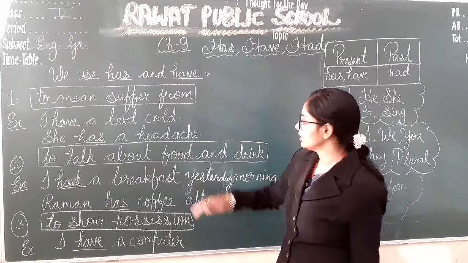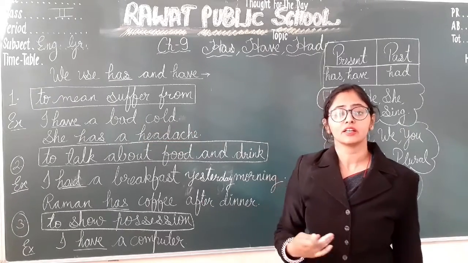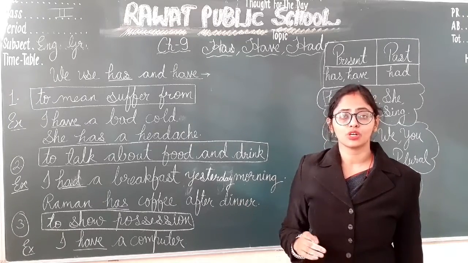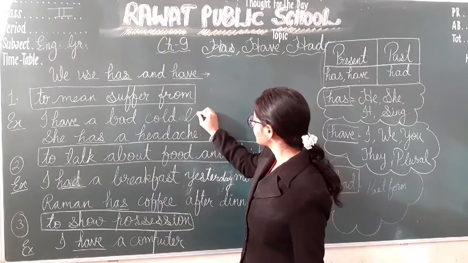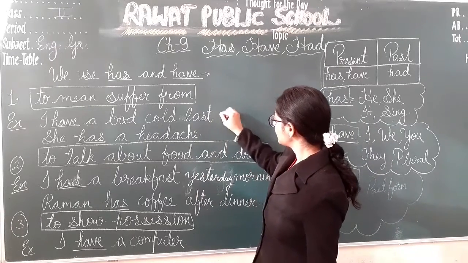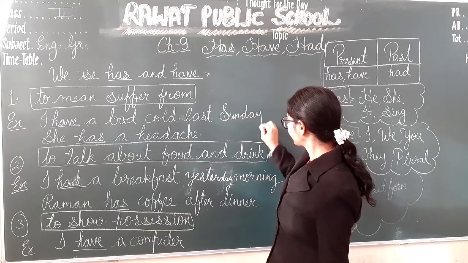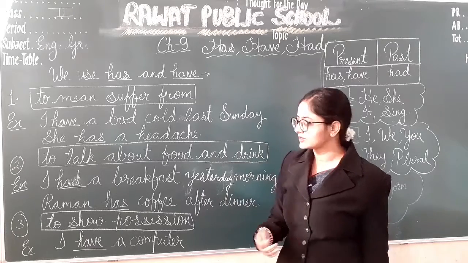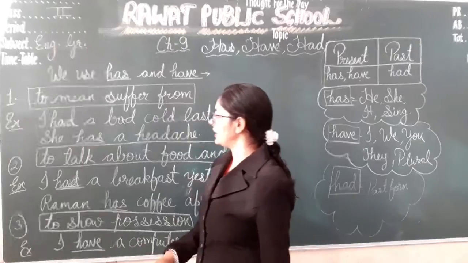Okay? I have a bad cold. मुझे जुकाम लगी है या ठंड लग रही है. You can say मुझे लास्ट संडे को जुकाम लगी हुई थी या ठंड लगी हुई थी. Last Sunday. Last, if I write here, last Sunday. Last Sunday means पिछले संडे, means ये पुरानी बात है. Then it will be here had.